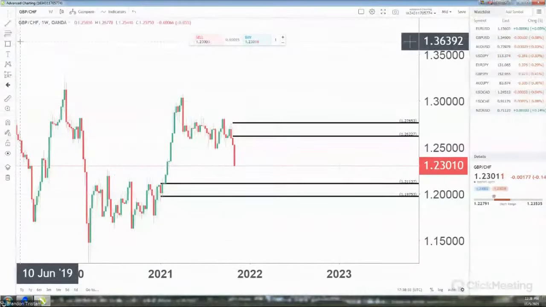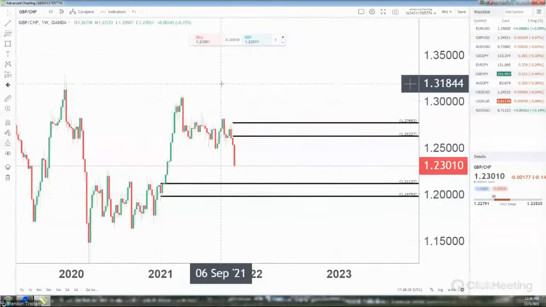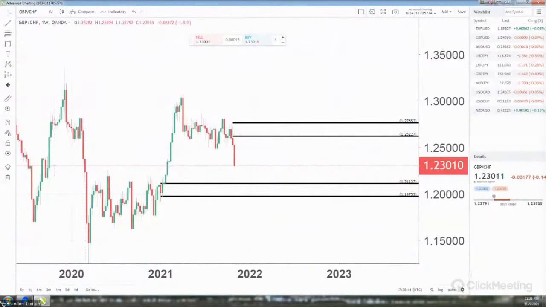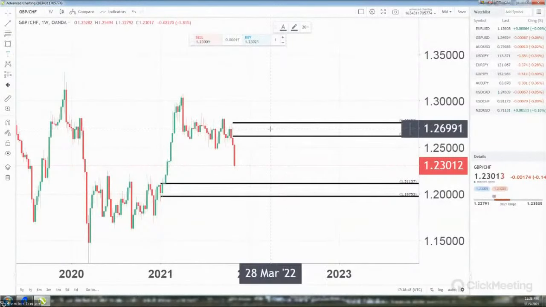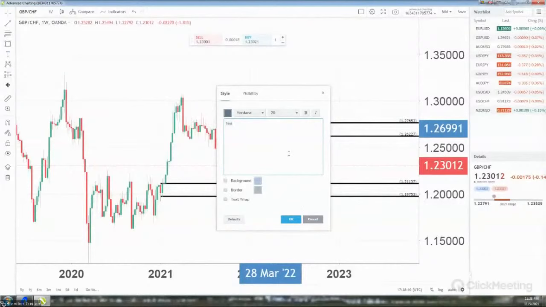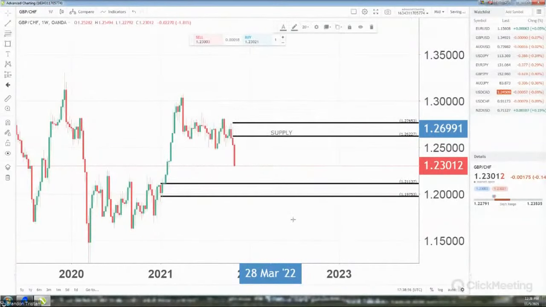There's no indicators needed. How long did that take? How long do people, and this is for advanced traders, how long do y'all take to get your supply and demand, or your trade setup? That didn't take long, did it?